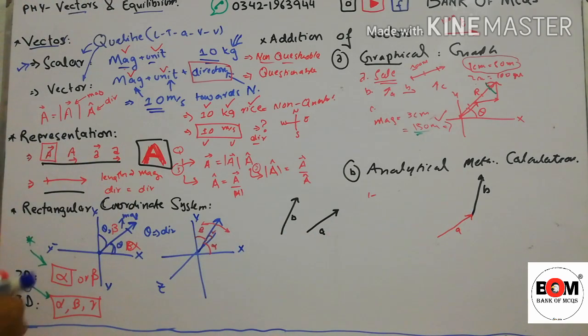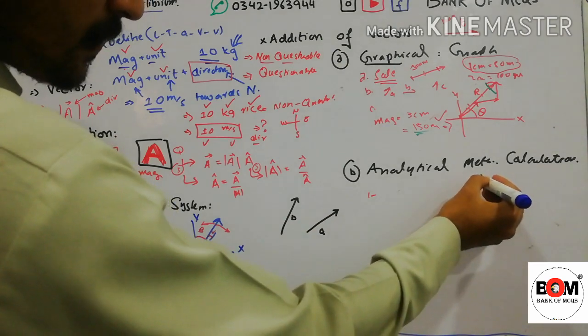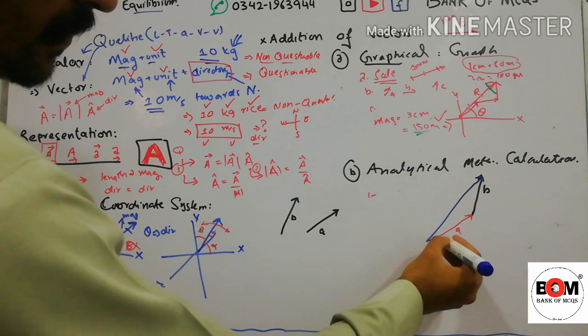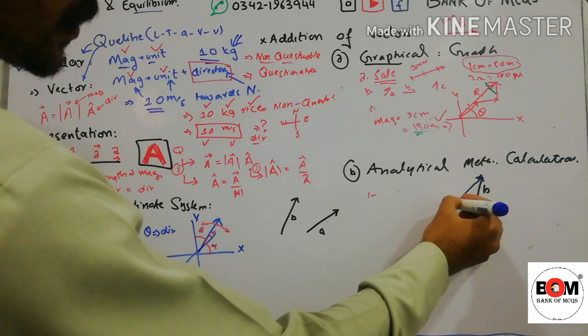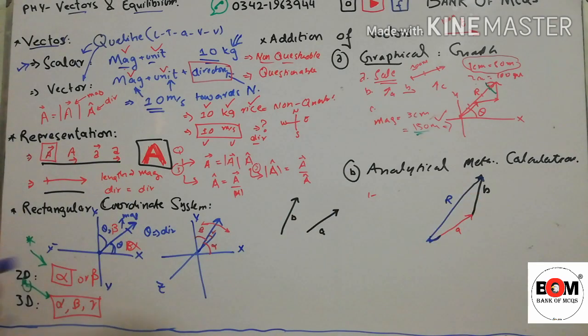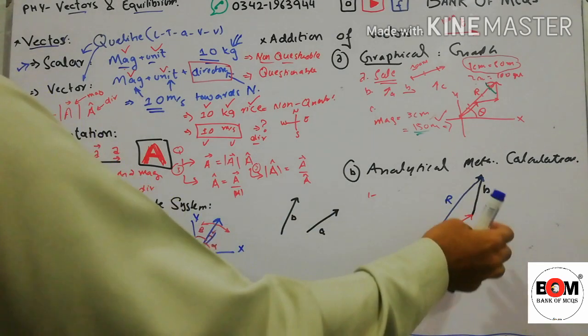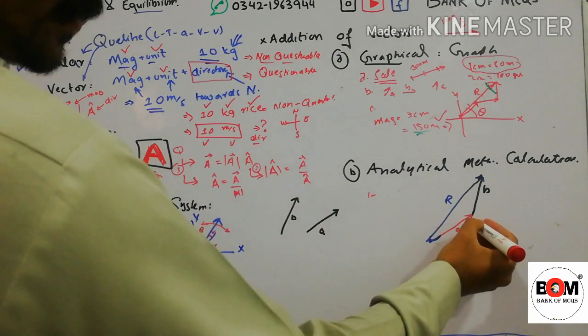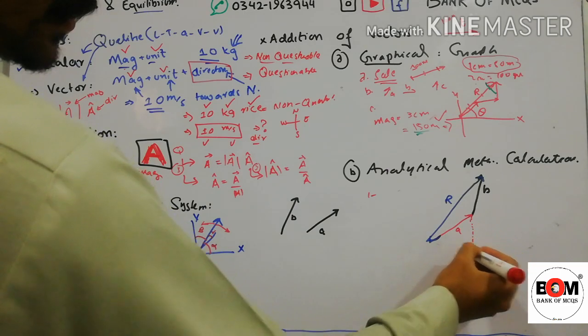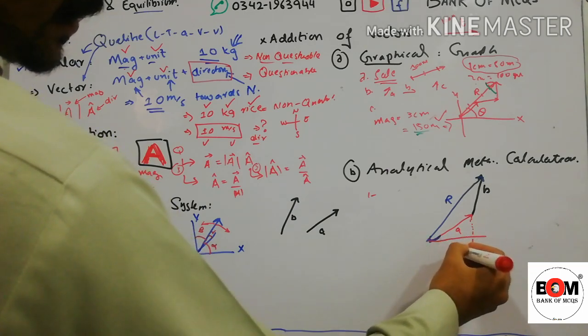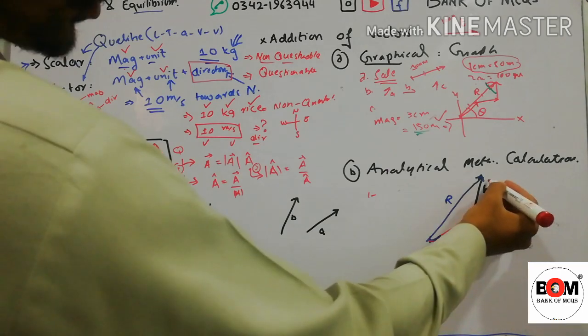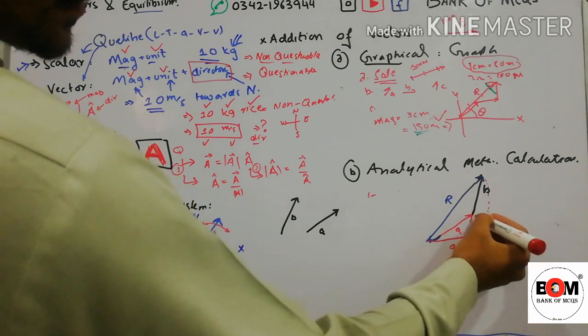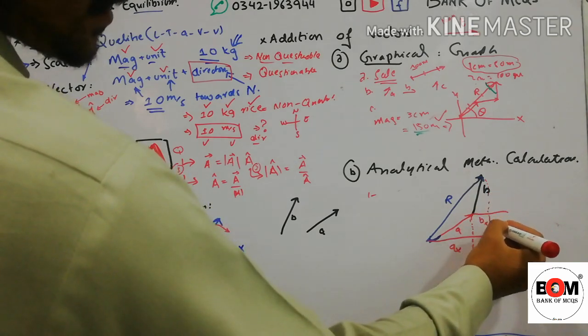Now to find the resultant, join by the head to tail rule. So this is the resultant. Now the first step was to draw A and B, also join them by the head to tail rule. The next step is to draw from A on the x-axis, so we can get the x-component of A, and also draw from B on the x-axis, we will get Bx.